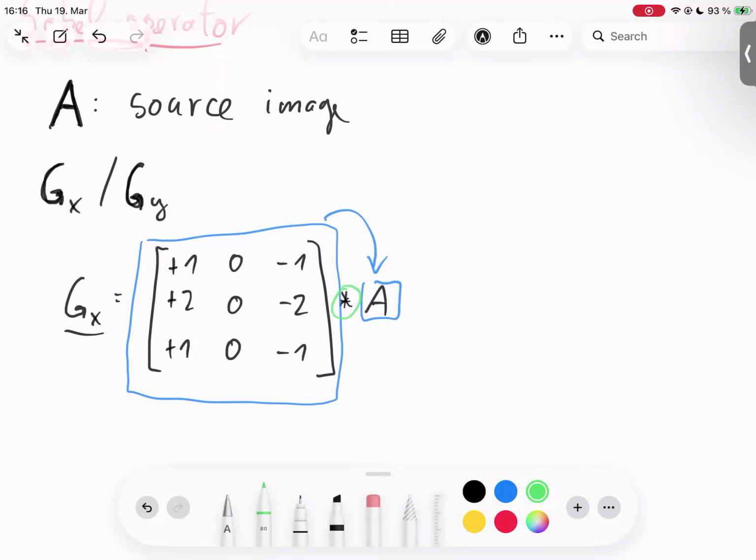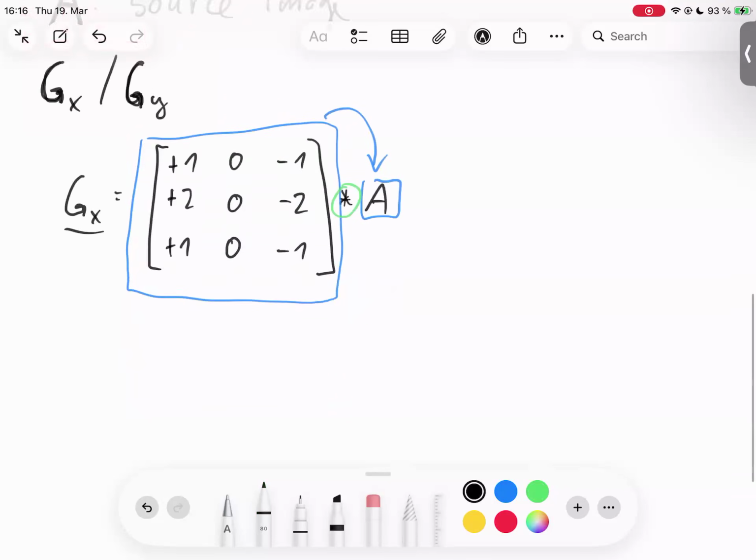With this sign, I apply this mask to every pixel in A to build my new output GX. Maybe just confirm that you got what this star stands for, and that it's not a matrix multiplication. Okay, so you got that.